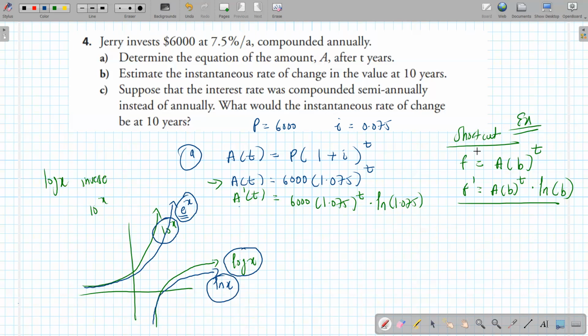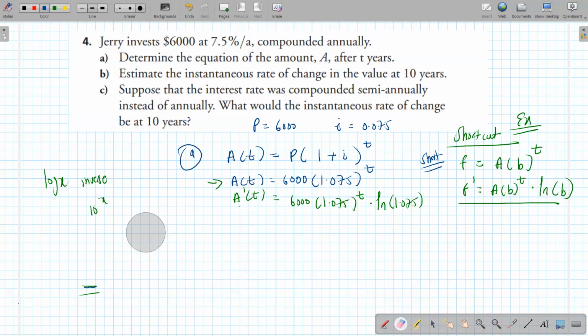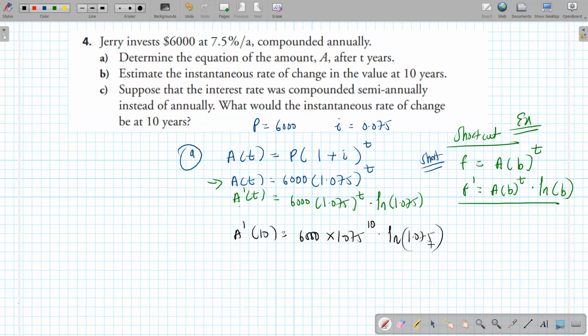When you're trying to find the shortcut for an exponential, you multiply it with the ln. So now let's see, our answer was 894 or something. Now to answer this question, all you have to do is find A prime of 10. So this becomes 6,000 times 1.075 to the power of 10 times ln of 1.075. That's it.